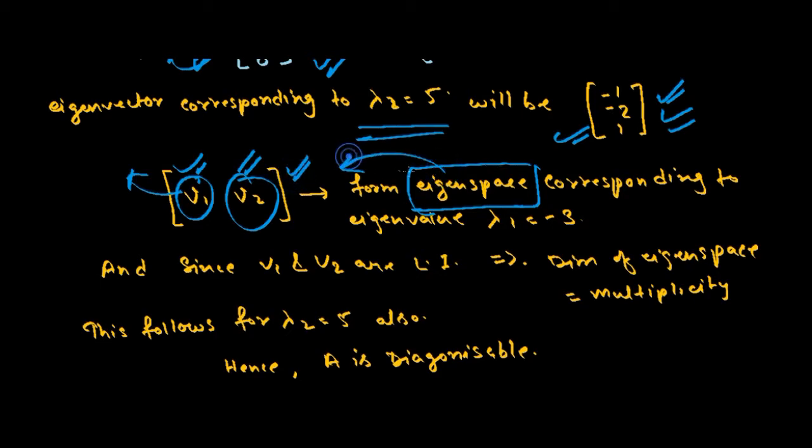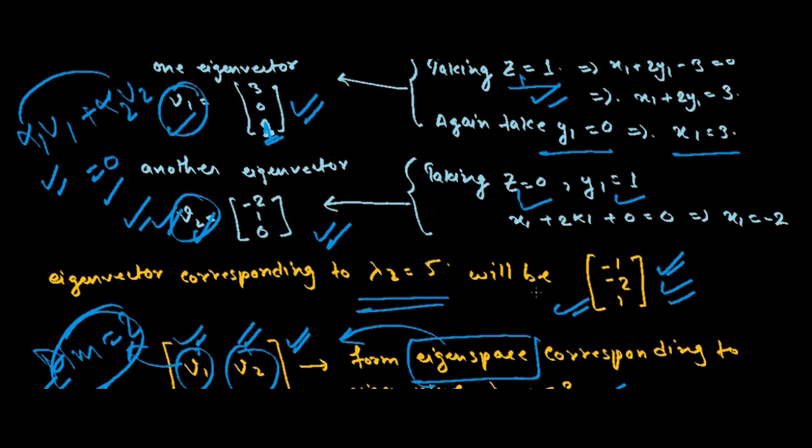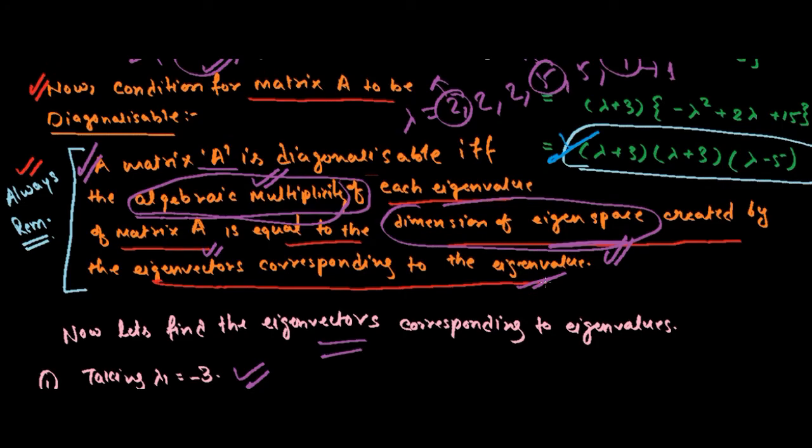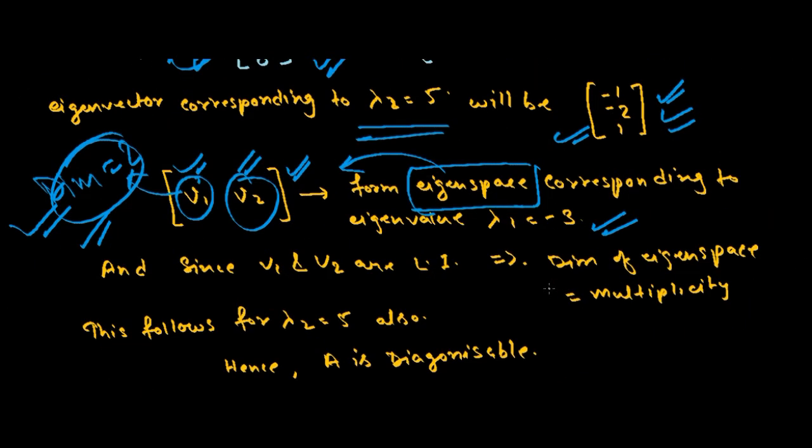The basis is v1 and v2, and we have 2 linearly independent vectors in the basis, so the dimension will be nothing but 2, and the algebraic multiplicity of our eigenvalue is 2. So we can say that the condition required for the diagonalization of matrix A is satisfied for this lambda 1 equals -3.